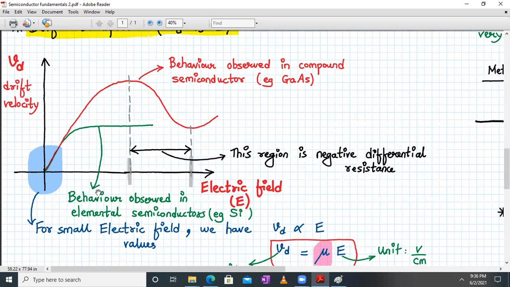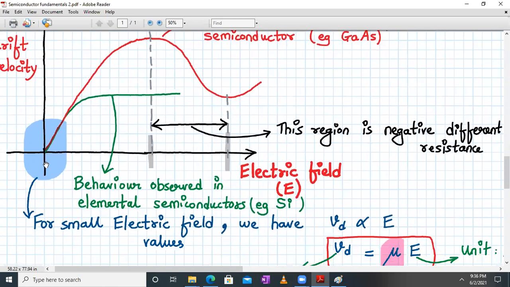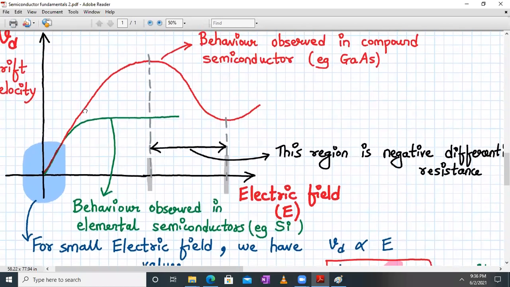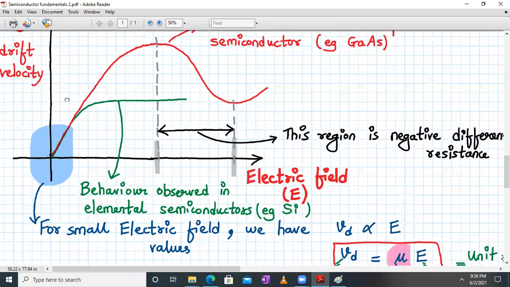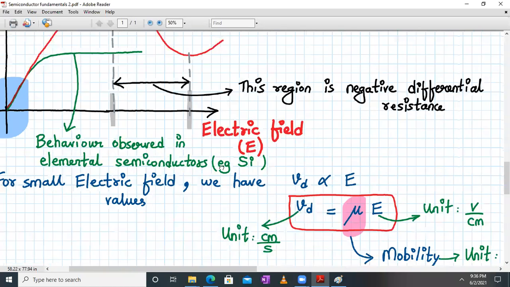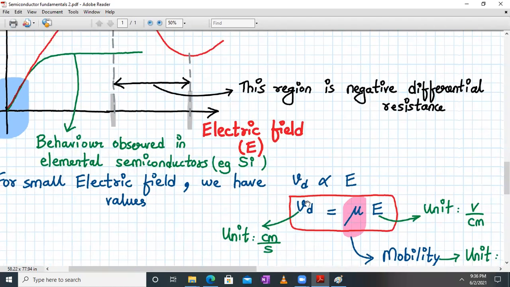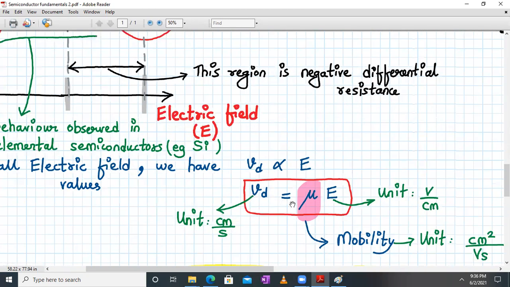They have found that for very small electric fields, for both compound and elemental semiconductors, whenever we increase the electric field, the drift velocity of carriers increases linearly with it. So for small electric field values, your drift velocity is proportional to the electric field. So the drift velocity, small vd, can be written as mu times E. Here mu is the mobility, which is the proportionality constant.